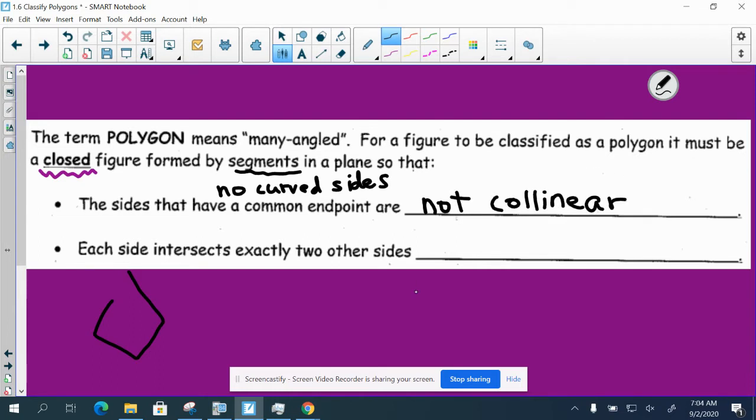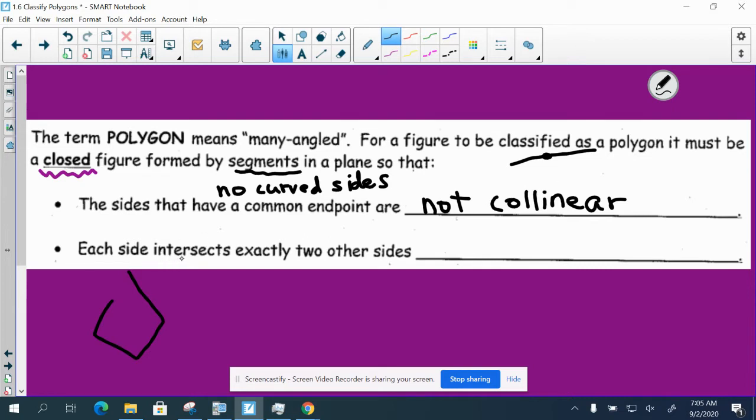The sides at a common endpoint are not collinear. So, for example, you can't have a side, a vertex, and then the other side, and this be a straight angle of 180 degrees. You have to have some kind of angle here other than 180.